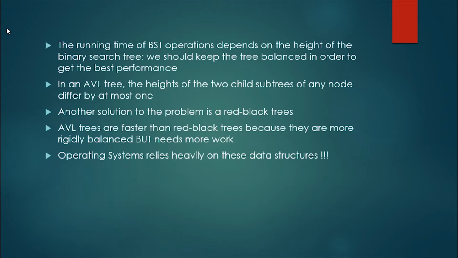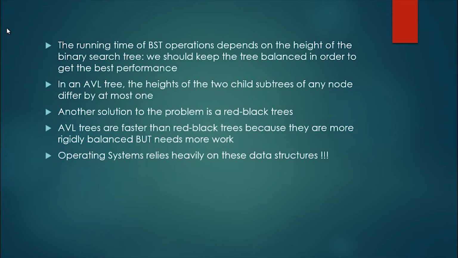So AVL trees are faster than red-black trees because they are more rigidly balanced, but they need more work, because on every insertion, as in the previous chapter where we were talking about binary search trees and inserting items in them, we keep checking whether our tree is balanced or has become unbalanced.